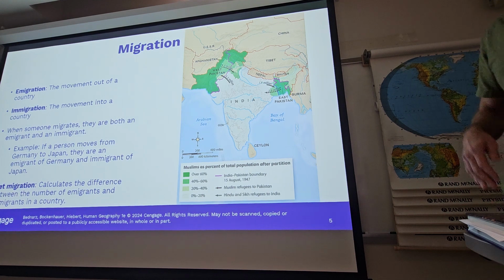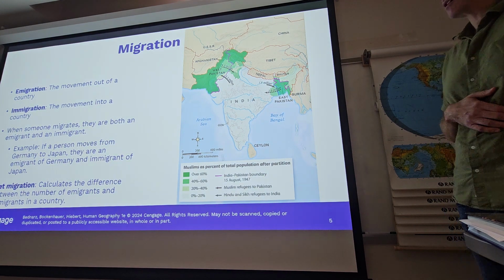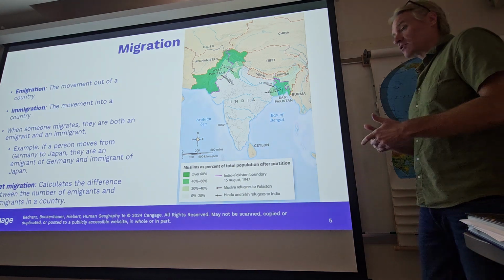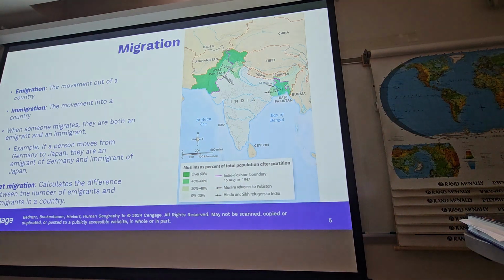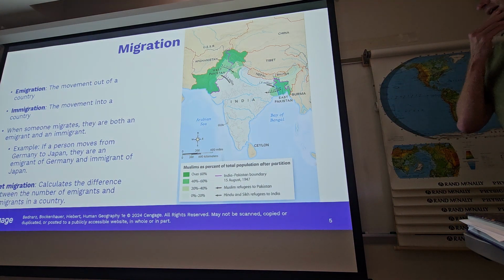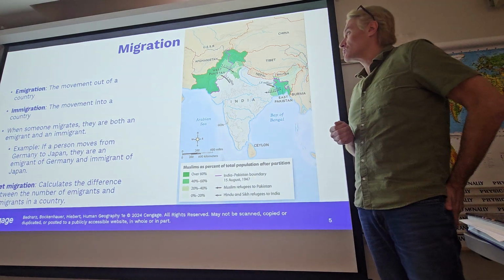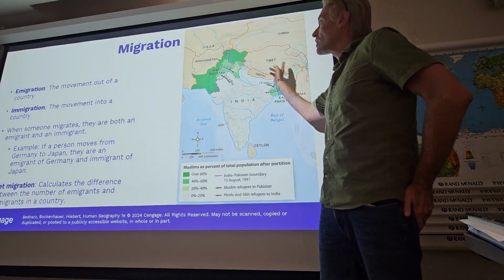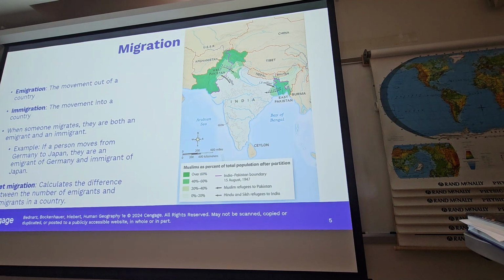So, some key terms. Although there's a lot of talk about immigration, movement into a country, there's a lot of people who move out of countries. One of the examples from the textbook is, way back during the colonial era, Britain had control of this whole section of South Asia.